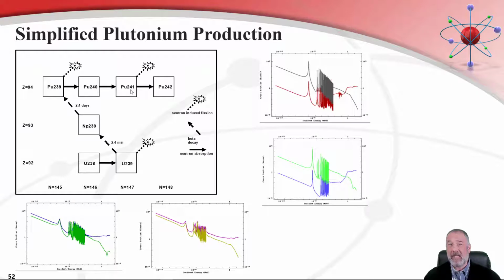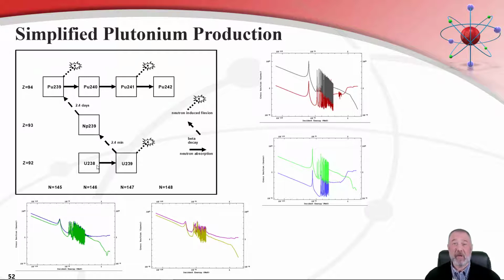So in this particular case, let's look at this simplified diagram here on the left side of the screen. The fertile material that we're starting with for plutonium production is going to be uranium-238. If we introduce it to a neutron, it can capture that neutron and turn into uranium-239. Now, uranium-239 can do one of two things.